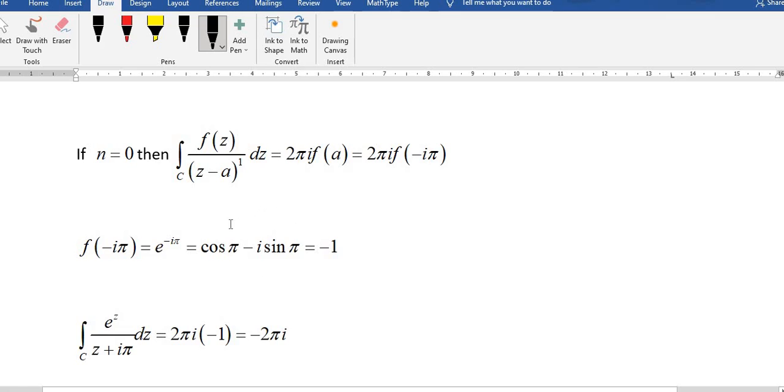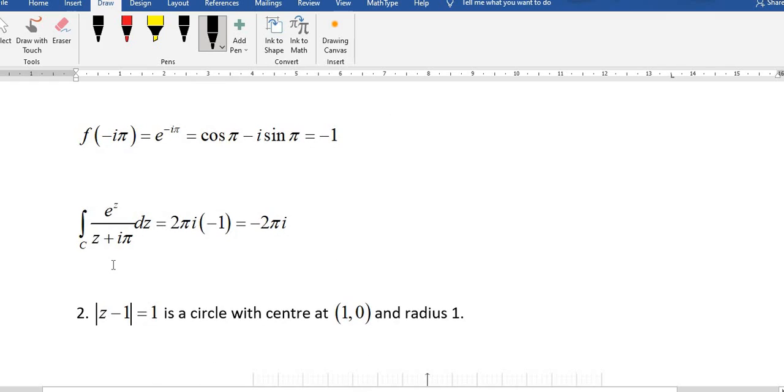So after substituting those values, this term equals minus 1. Substitute this minus 1 here, then the integration of e power z by z plus I pi dz is 2 pi I into minus 1, that is minus 2 pi I. This is the value of the given integral.